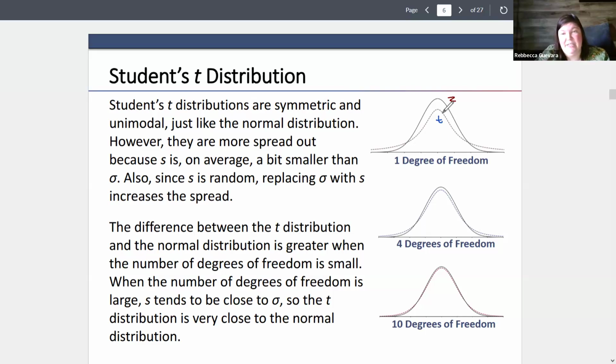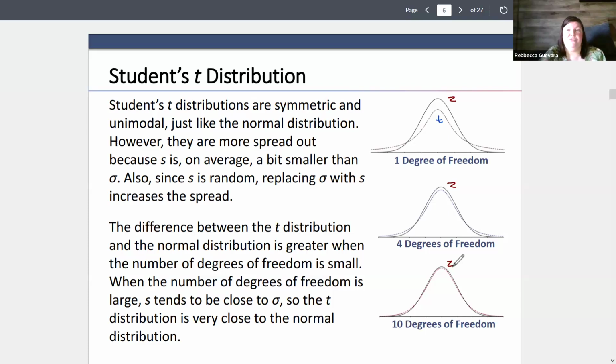But we see here that, like I said, all the black curves are the z-curves. Here we have more degrees of freedom, and this little dotted curve here is my t. You see this is a little closer to looking like the z-curve, and at 10 degrees of freedom, it's even closer. So the difference between the t distribution curve and the normal distribution curve is greater when the degrees of freedom are smaller.